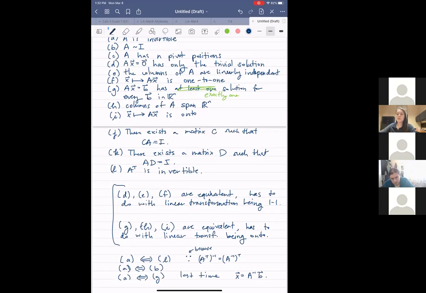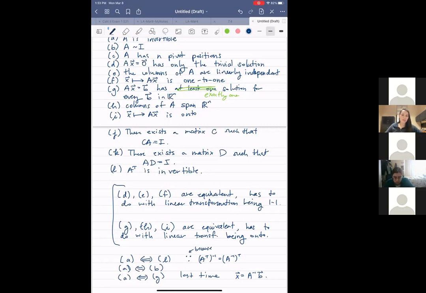I'm not going to go through the entire proof of the entire theorem because it mostly involves keeping track of what you've already proved and what you need to prove and using some little proof techniques that are not necessary, I feel. But it's good to see how these different statements relate to one another so that you can move from one to the other. Yeah, but that's what I have to say about that.